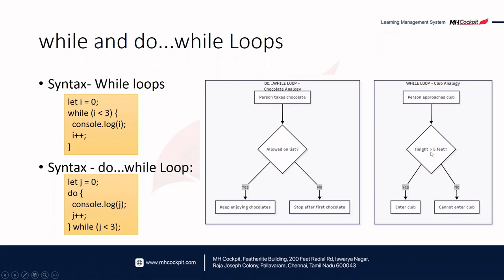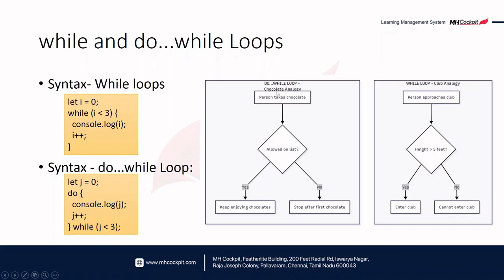If he is greater than 5 feet, then only he is allowed to enter the club. If he is less than or equal to 5 feet, he won't be allowed to enter. That is the while loop. In such cases you have to use a while loop. Initially you check the condition and then the statements are executed.